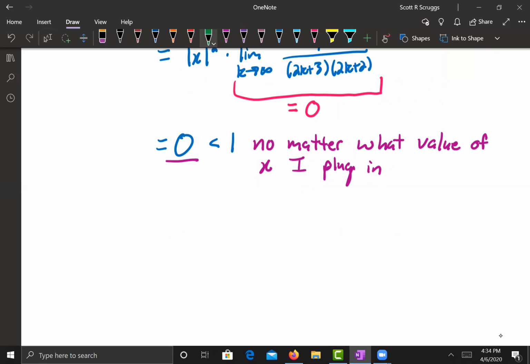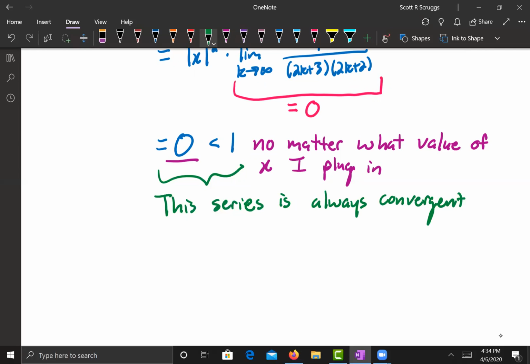And so what that means is this series is always convergent regardless of the value for x. That is what this work is telling me, that no matter what value for x I plug in, I will always get a convergent series.